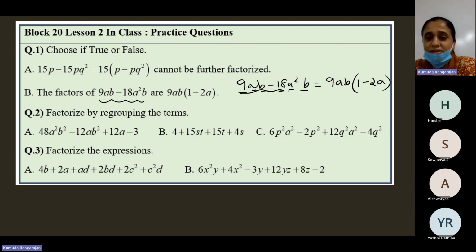This expression can be written as 9AB into 1 minus 2A. So these are the factors of this expression.